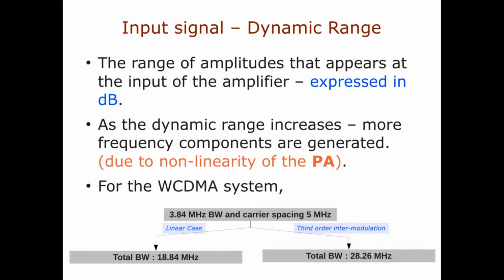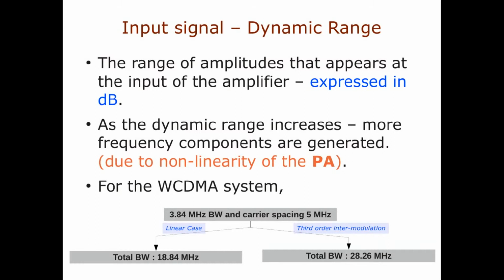Now for a typical WCDMA system or a 3G system, the bandwidth of the system is 3.84 megahertz and the carrier spacing is 5 megahertz. So 3.84 megahertz is the bandwidth of a single carrier, and you will have multiple carriers around this.